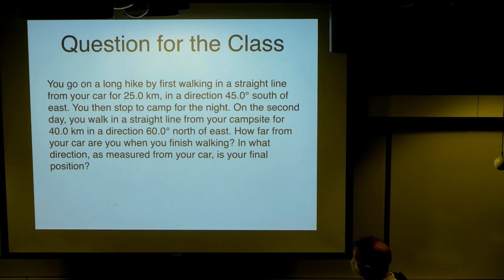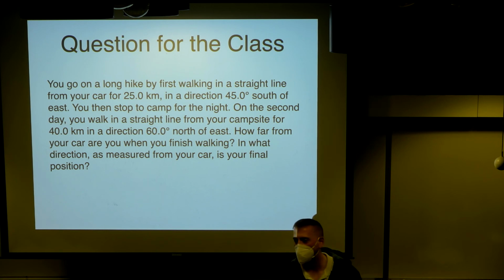On the second day, you walk in a straight line from your campsite for 40 kilometers in a direction 60 degrees north of east. When you're finished walking, how far away from your starting point are you? Just straight line distance, how far away? And then as a follow-up, in what direction are you relative to your starting point? Okay, so we're going to find basically a magnitude and a direction here.